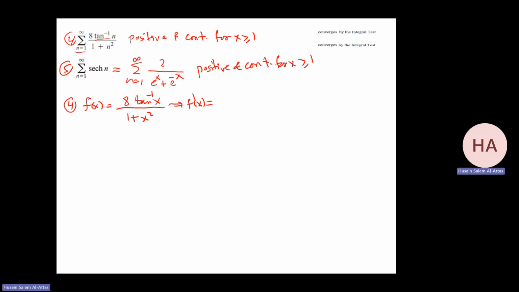Yeah, be careful. I have 8 times 1 over 1 plus x squared times 1 plus x squared, minus 2x times 8 tan inverse of x, all over 1 plus x squared, all squared.